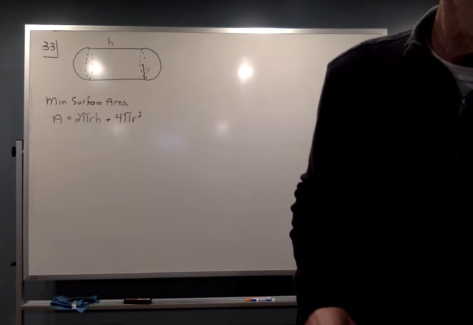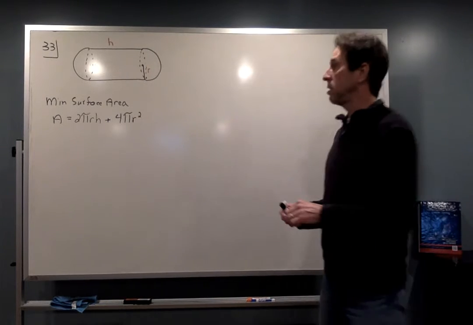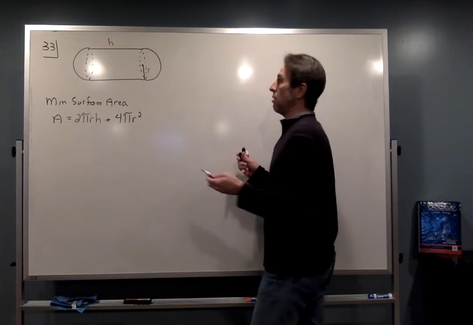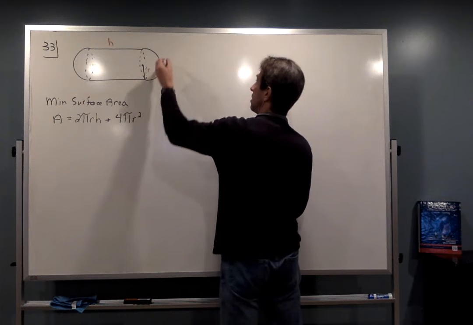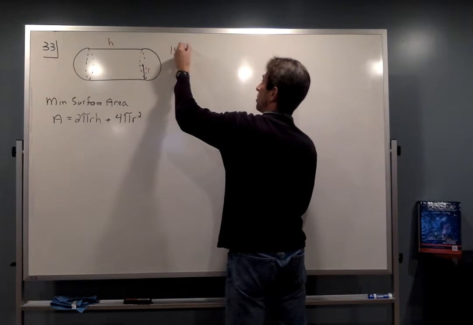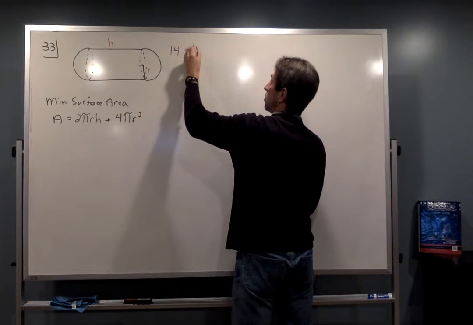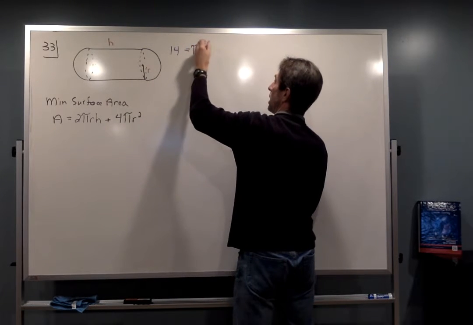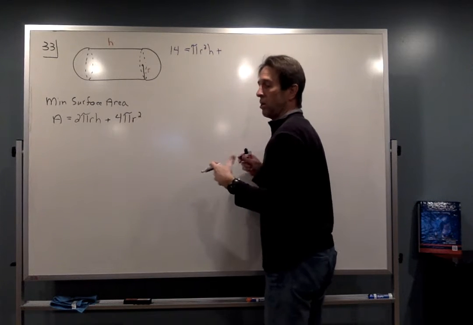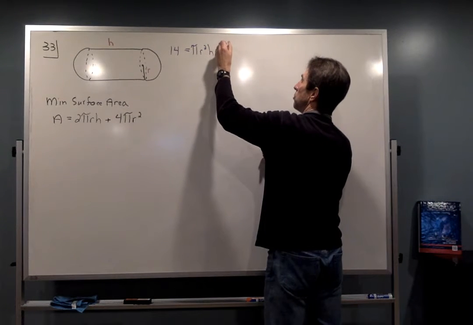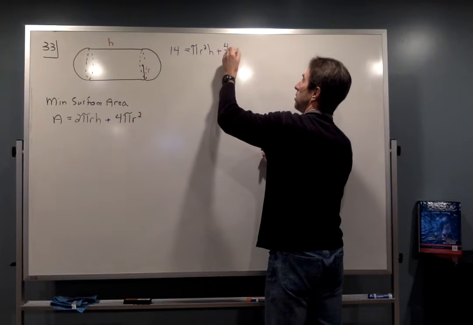Let me check that. Yes, the volume of this thing is 14 cubic units. So the secondary equation would be 14 is going to equal the volume of the cylinder, which is pi r squared h, plus the volume of the sphere, which is 4/3 pi r cubed.